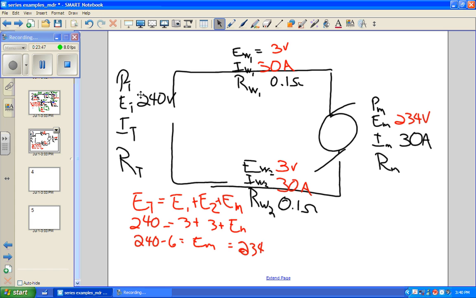Another thing about this, I want to look at one more thing. Let's take this voltage drop here and multiply this up. 30 amps times 3 volts is what? 90, thank you. And we have the same thing down here, right? So what is the total power loss to voltage drop? 180 watts?